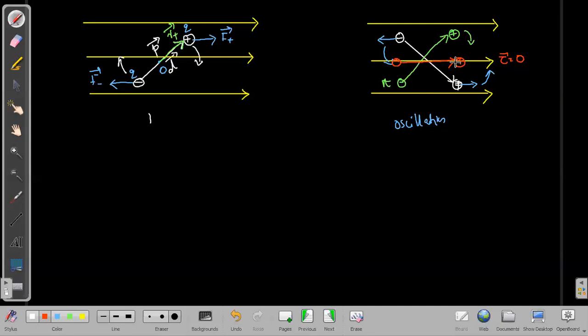Now this equilibrium position will have the minimum potential energy and the maximum kinetic energy. In this orientation, the torque becomes 0 when P is parallel to E. That is called the equilibrium position, the position of stable equilibrium.